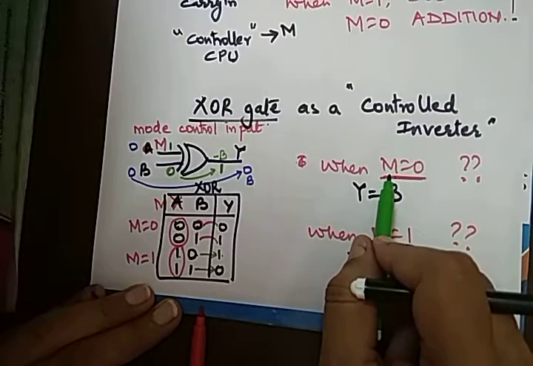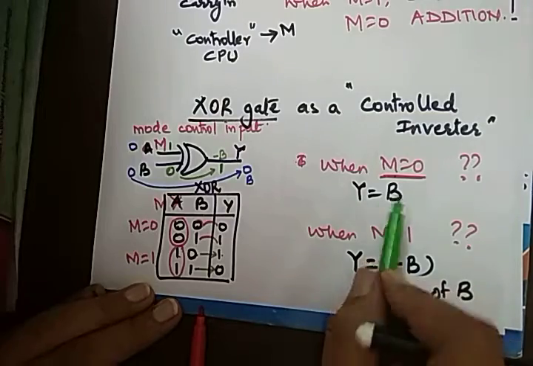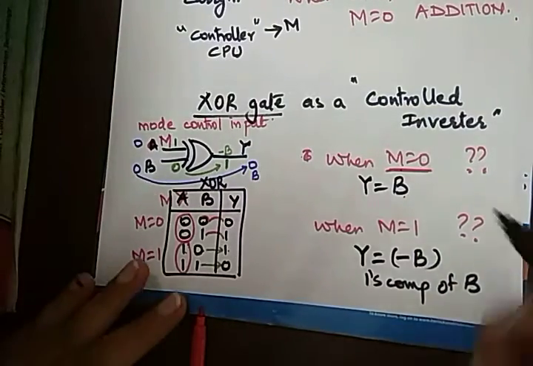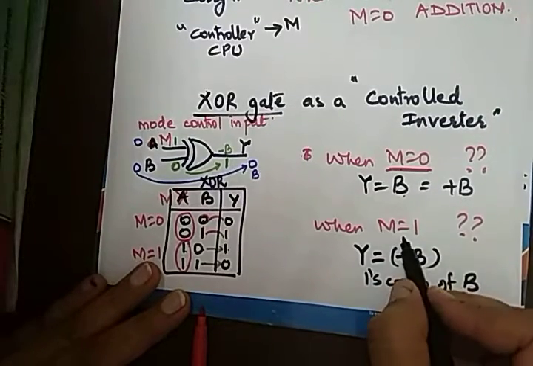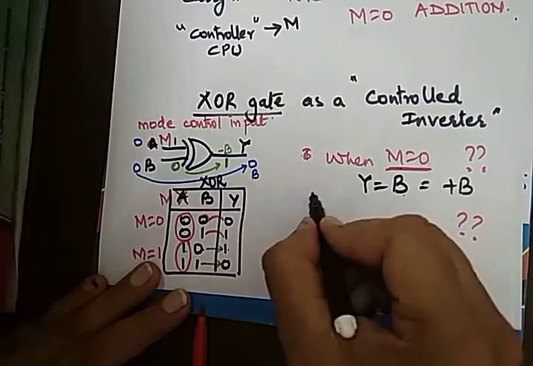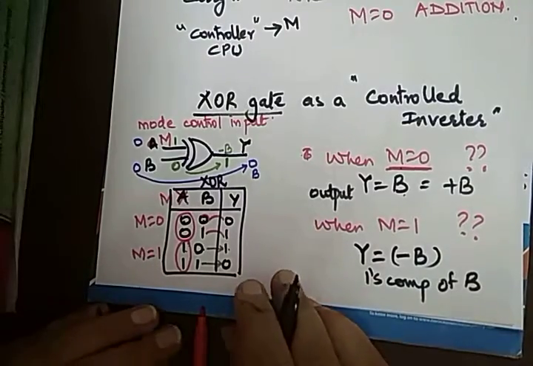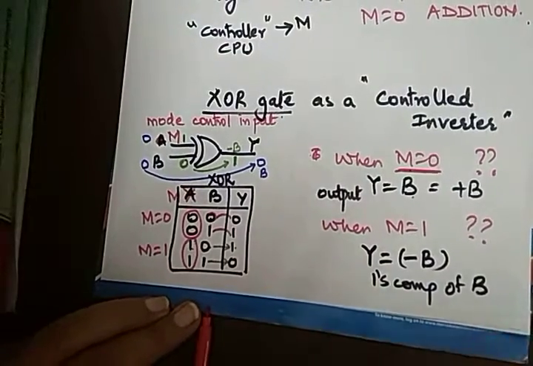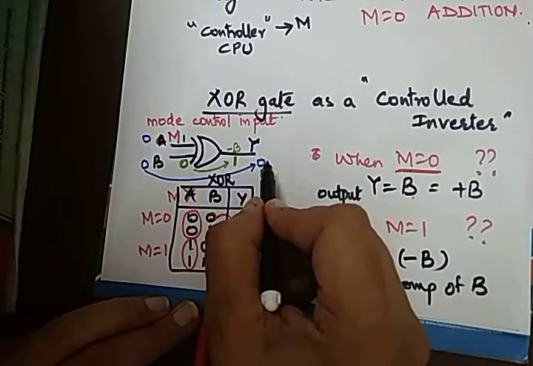When the input M is 0, Y goes direct, Y is B or simply plus B. When M is 1, the output Y is the 1's complement of B. Okay, this is the function of the XOR gate as a controlled inverter.